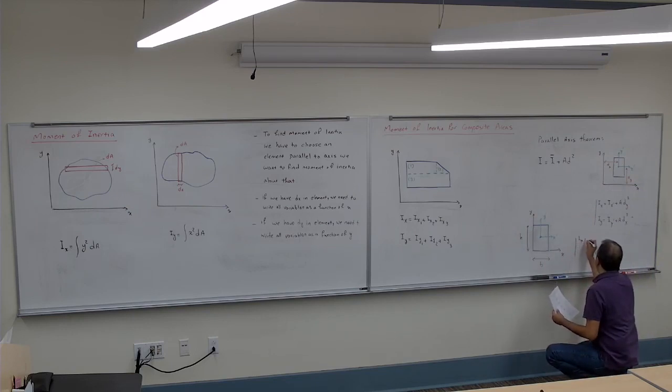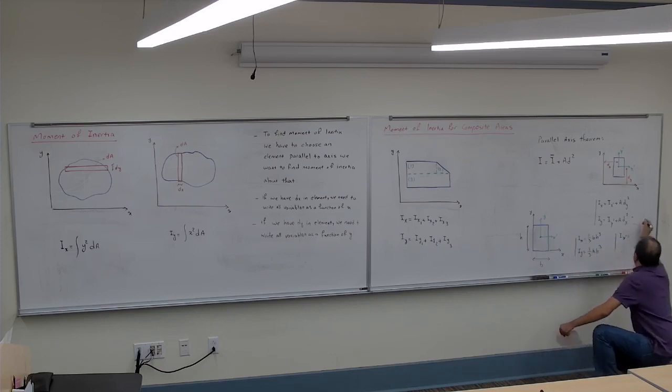I about X is 1/3 of BH cube. I about Y is 1/3 of HB cube. I about X prime is 1/12 of BH cube. And I about Y prime is 1/12 of HB cube.